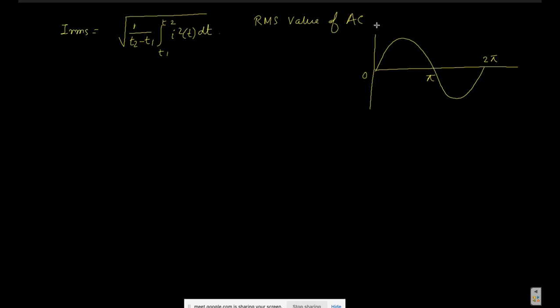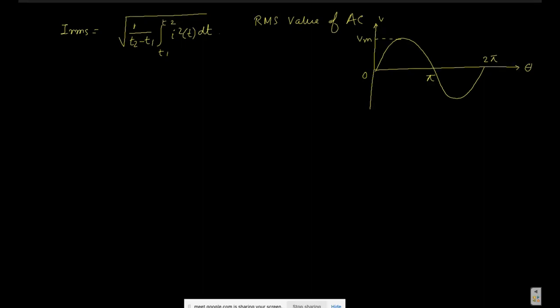So if this is V, then this is nothing but Vm, the maximum value. This is theta, because we are representing this line as 0, pi, 2 pi. So the x-axis denotes theta. What is the expression for V?